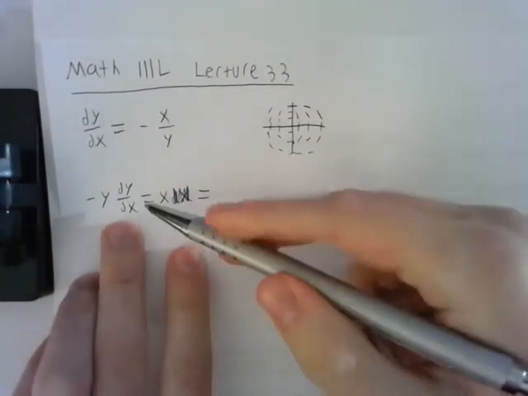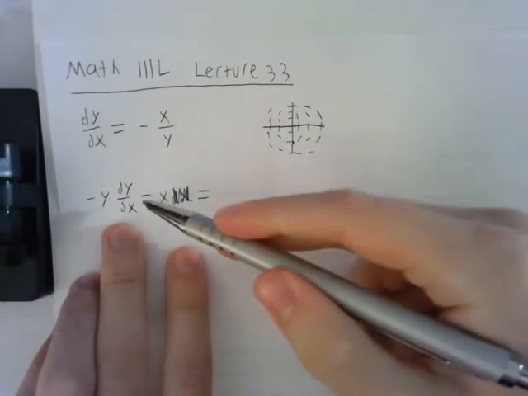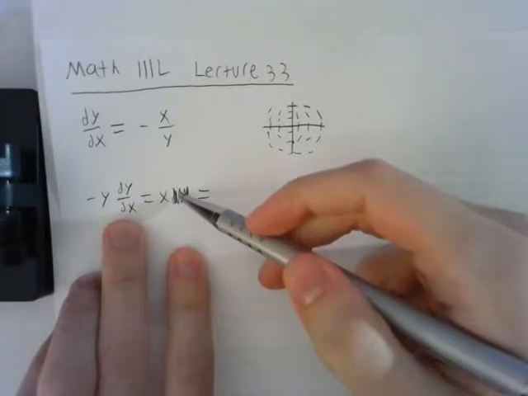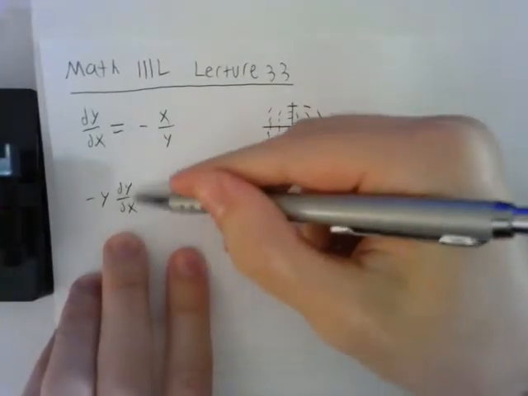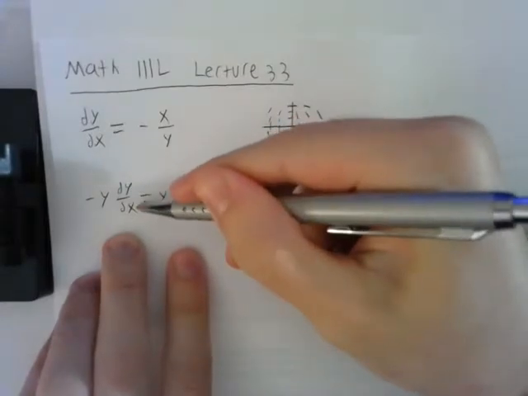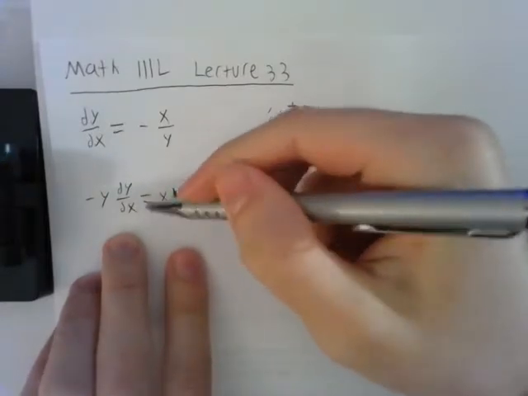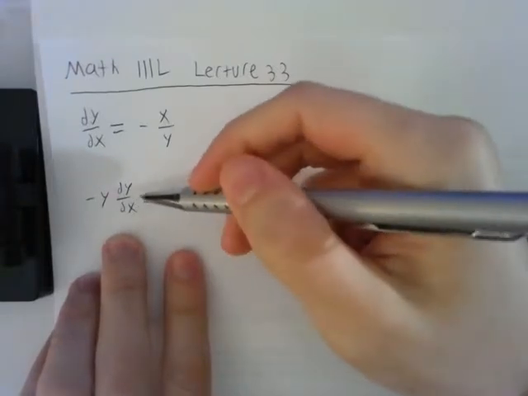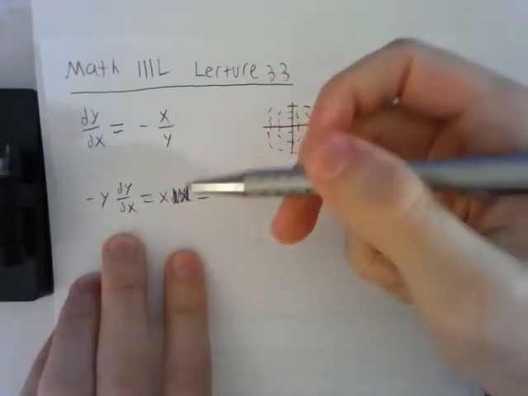And now I'm going to do something which maybe seems a bit sketchy, which is to move this dx over to the right-hand side. Now, of course, dy/dx is a notation which means derivative of y with respect to x. It's not a fraction. On their own, dy and dx don't really have meaning based on what we've discussed so far in this class.